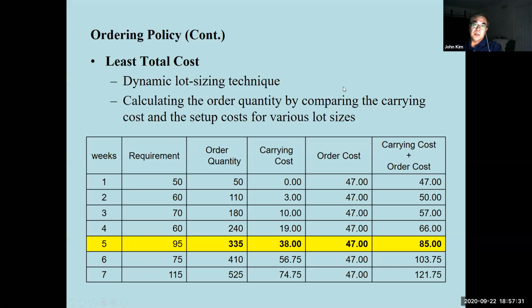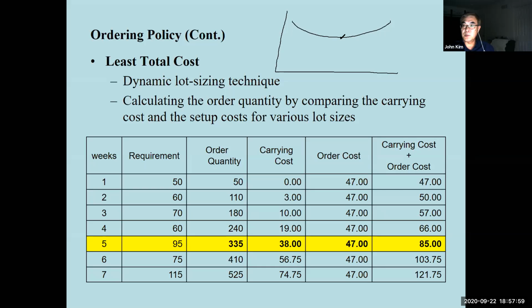Another ordering policy is least total cost. This comes from this idea: when we covered the inventory system, the total cost looks like this.